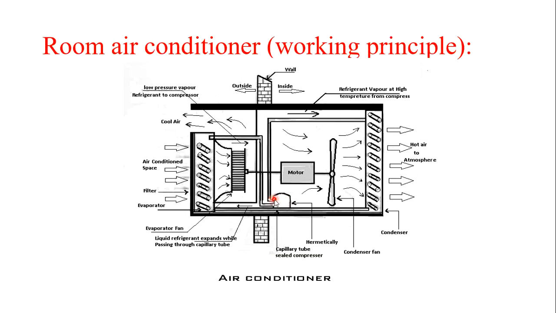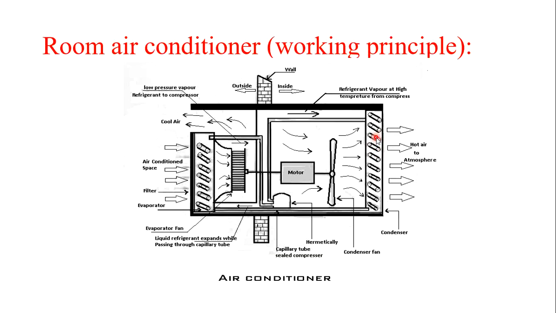The vapor refrigerant at high pressure and high temperature is passed toward the condenser part of the system. When it is flowing in the condenser part, the air flowing around these tubes absorbs the heat present in the refrigerant.